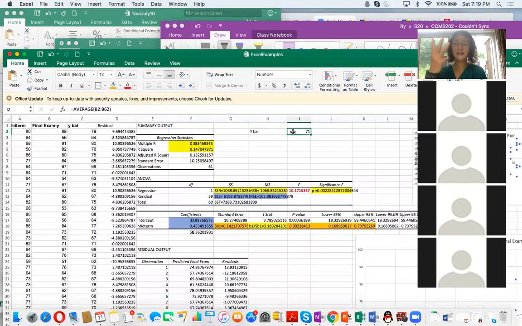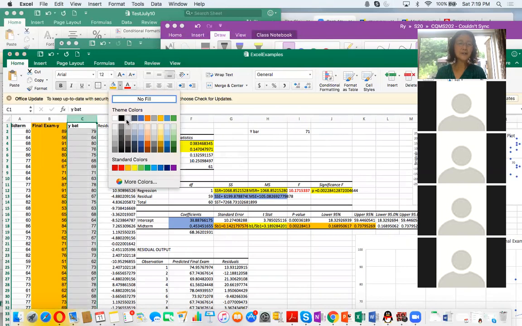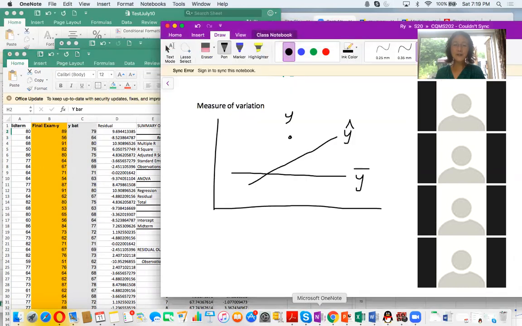Hope you understand those three different Y. One is the original Y, the other is Y hat, the predicted Y, and then Y bar is the average Y. Three different Y. Okay, graphical representation is here: three different Y, Y hat, Y bar.